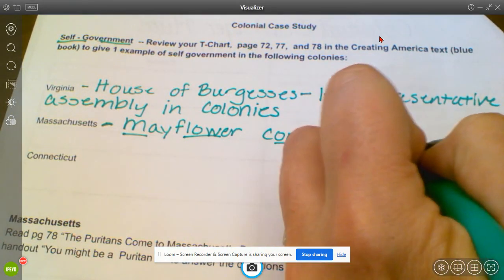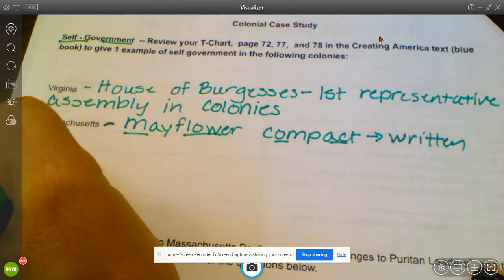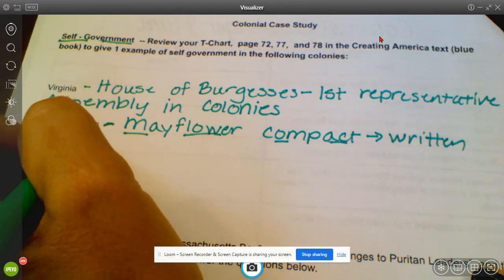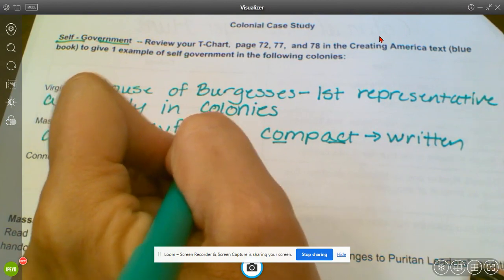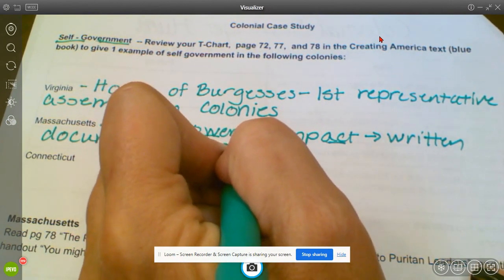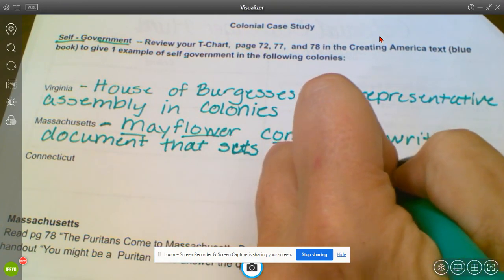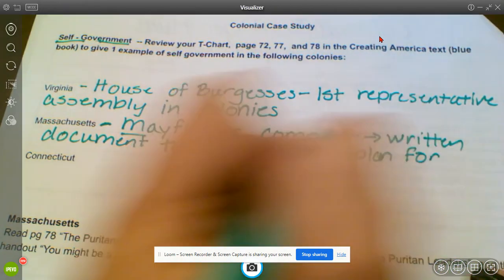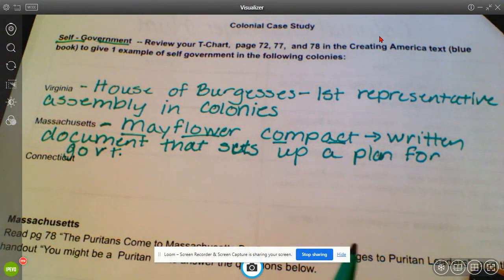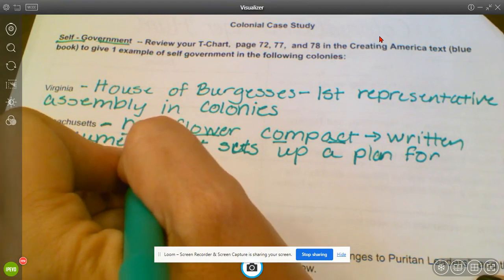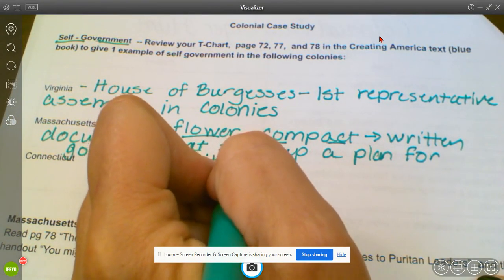It is a written document that sets up a plan for government. And in its own sort of small way, it is representative of a constitution. They write a set of laws.